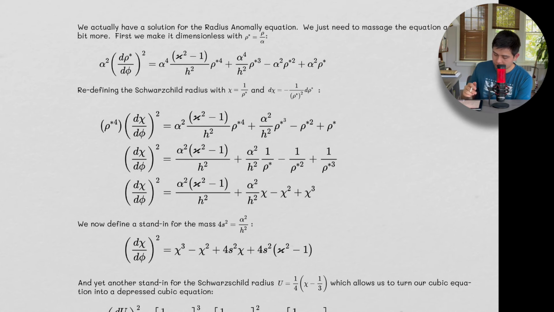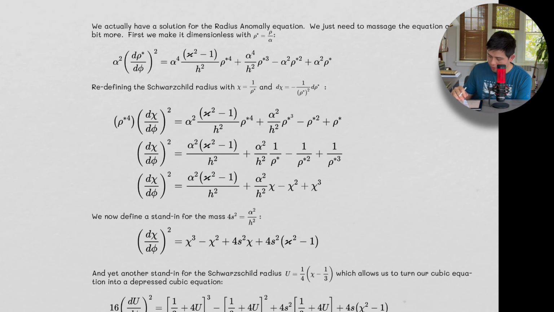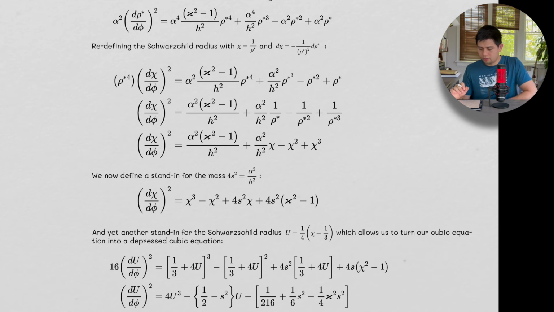When we redefine the Schwarzschild radius, this is making it dimensionless. We redefine the Schwarzschild radius in this way, and so we get the derivative, or not the derivative, but a small change in the Schwarzschild radius is going to be this right here. And so when we redefine the Schwarzschild radius, this is the second step of massaging, if you will. We get this here.